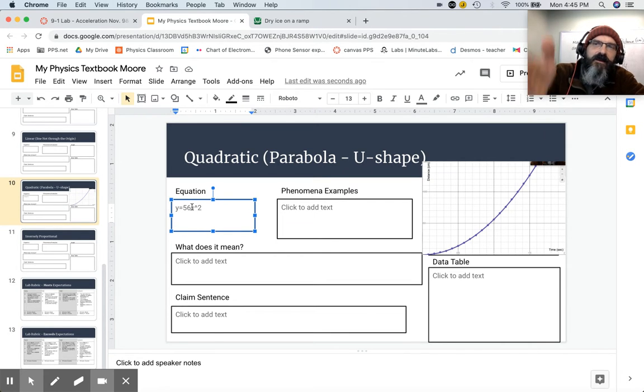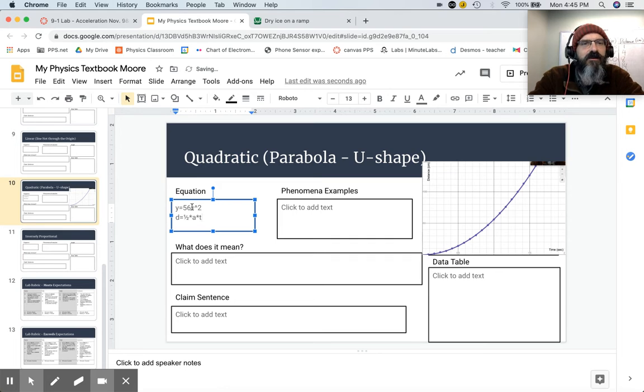Remember, y on the y-axis is actually distance. So I'm going to make that d equals, and that 56 isn't really 56. It is 1/2 of the acceleration of that puck. So I'm going to type 1/2 times, and I'm going to use a for acceleration, times, now remember our x-axis is actually our time axis.